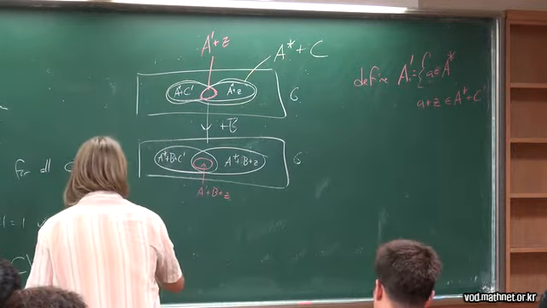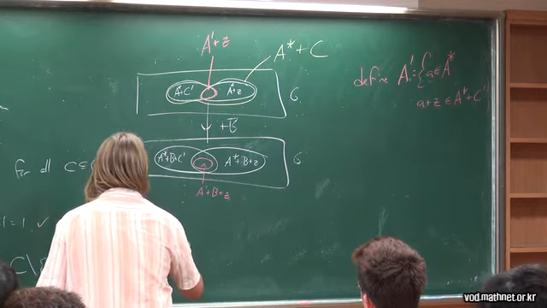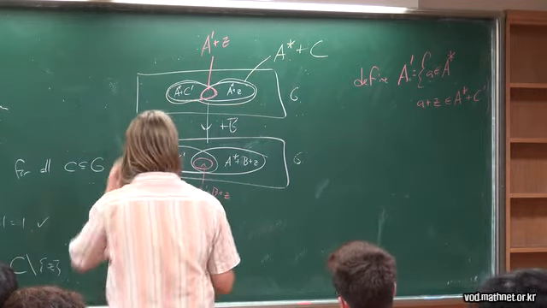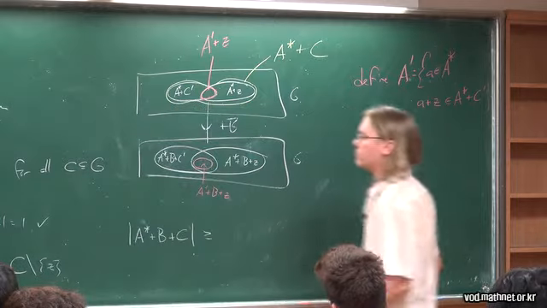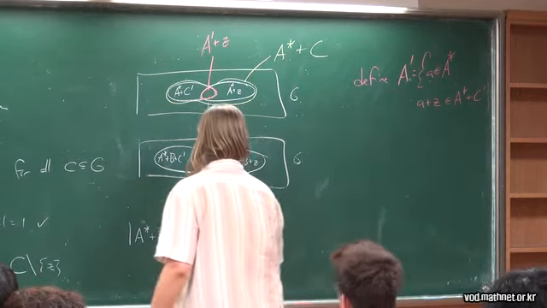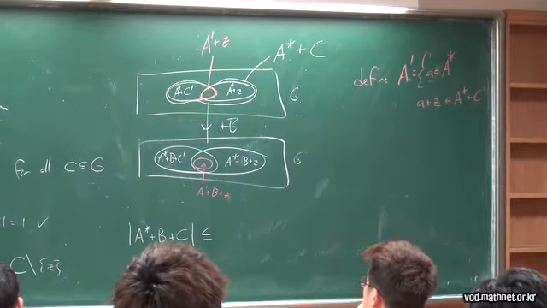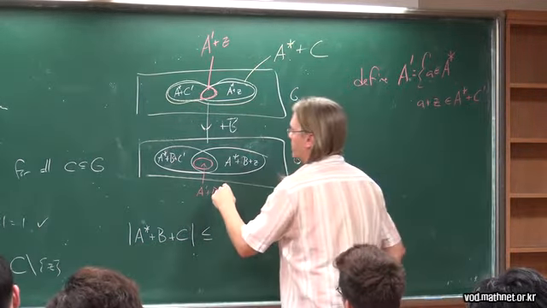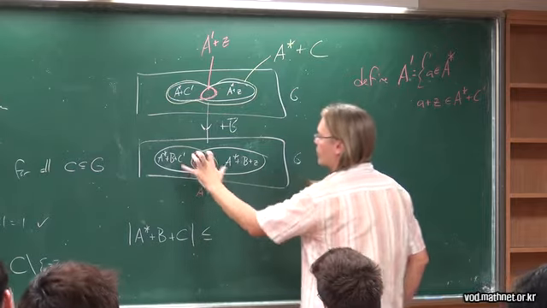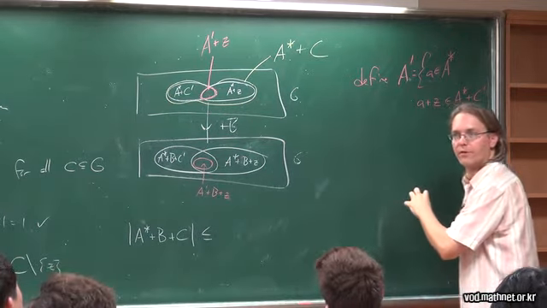So here we go. The size of A star plus B plus C. I could write this as the size of this set plus the size of this set minus the size of their intersection.